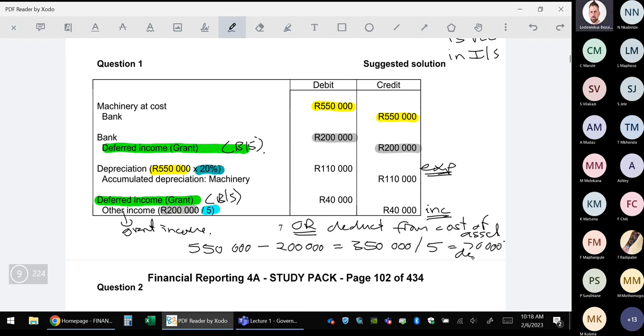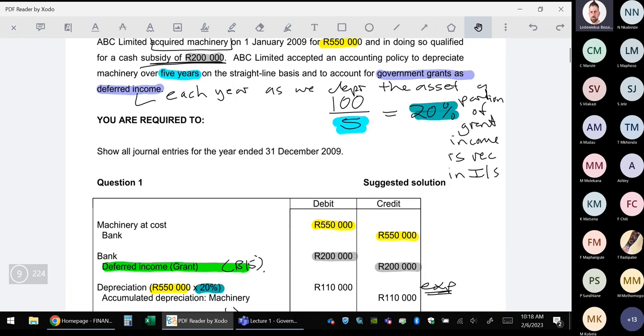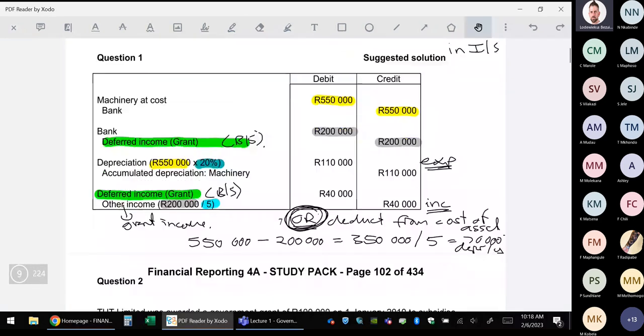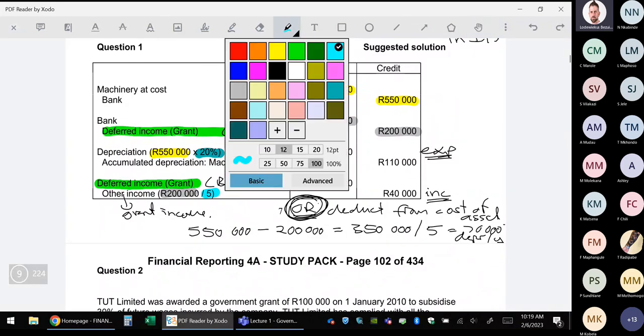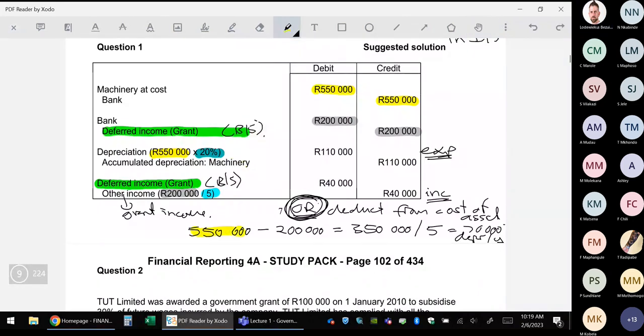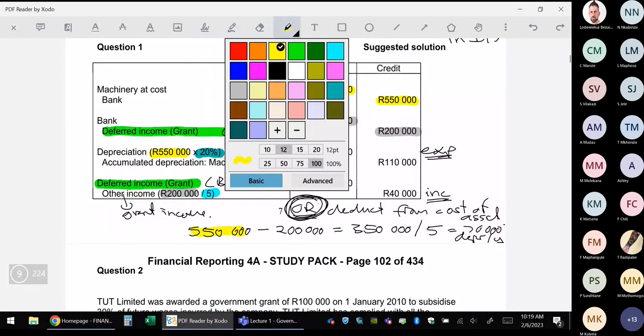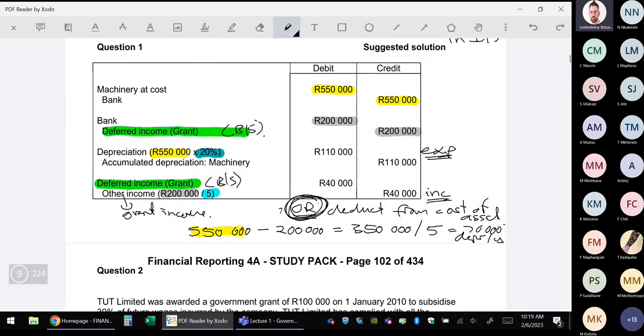70,000 depreciation per year. It's not in this question, I'm just explaining that if the question said deduct from the cost of the asset instead of showing it as deferred income, 550 is still the cost. 200 is still our grant income.